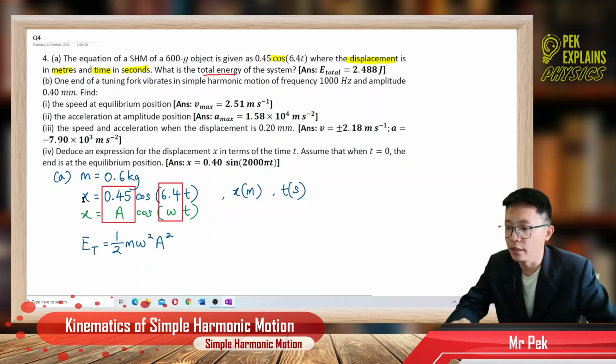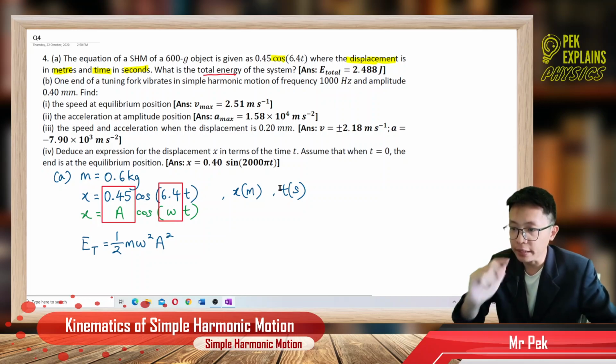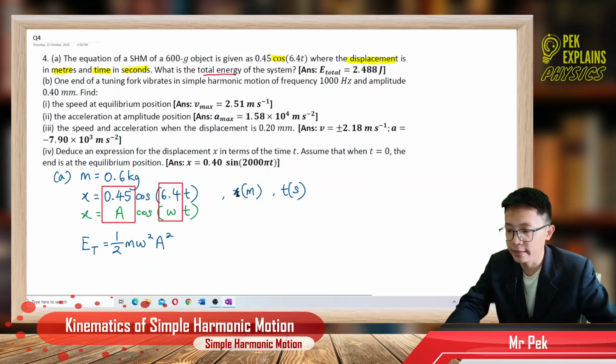So I got the value for amplitude: amplitude is 0.45, omega is 6.4. The unit is x in meter, t in second.